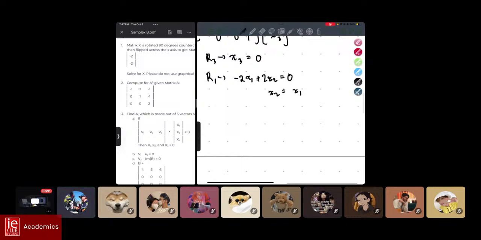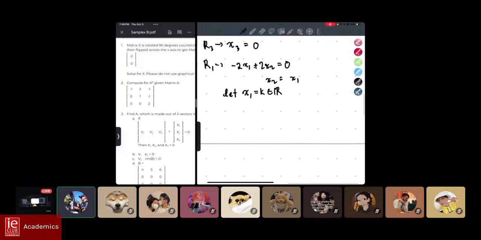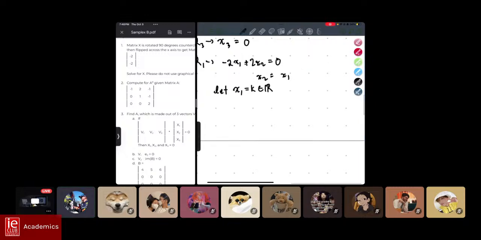So now we let x1 equals k such that it is a member of the set containing real numbers. And then, again, x1 can be any real number.